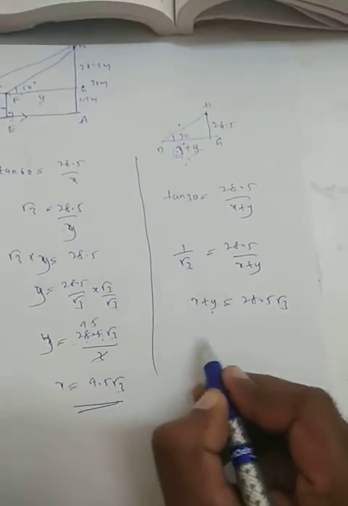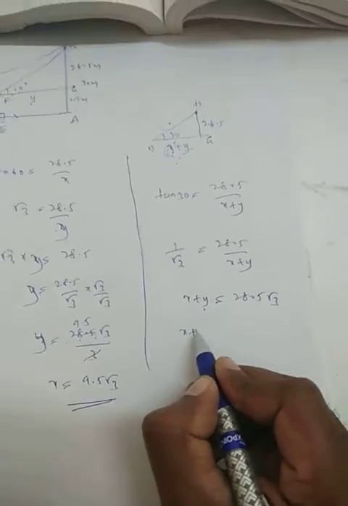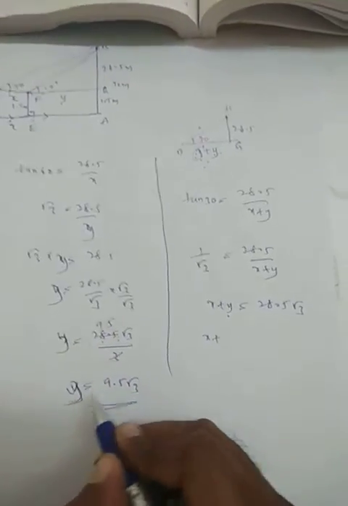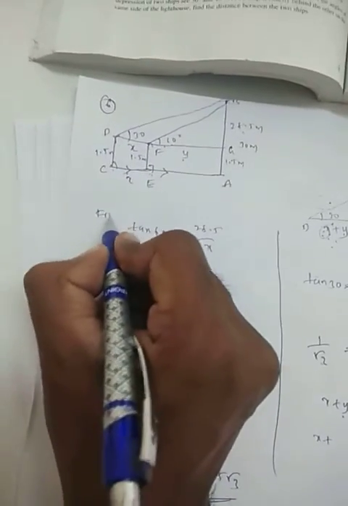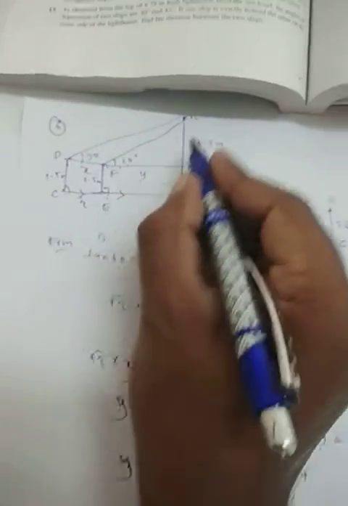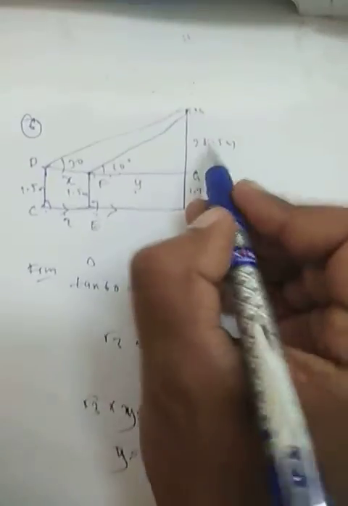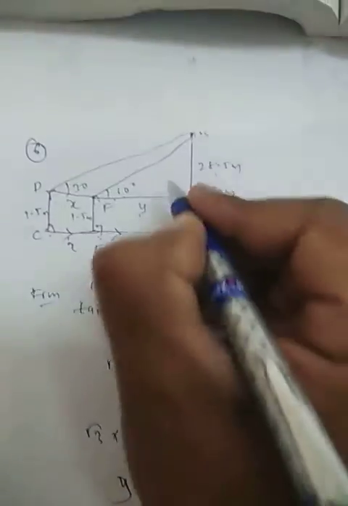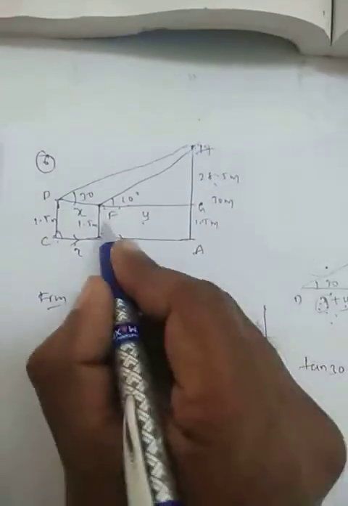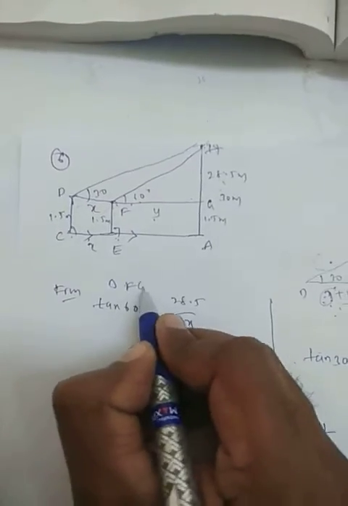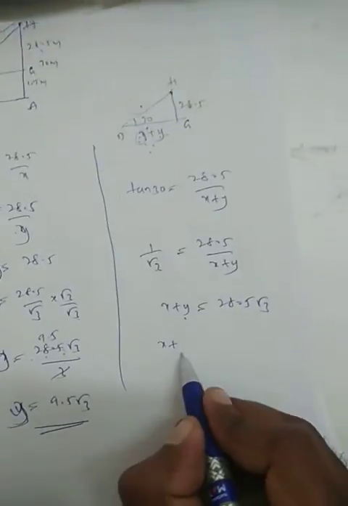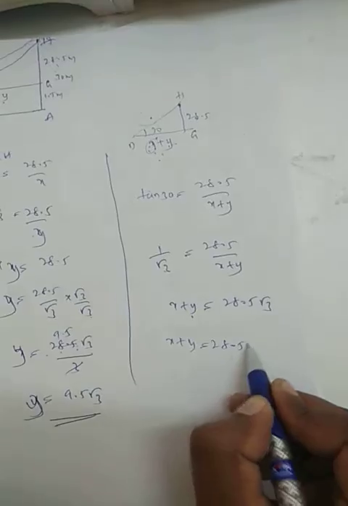Now what is the value of y here? This by this we have taken. So this is from which triangle? I have taken this as H, no? So from triangle FGH, x plus y is equal to 28.5 root 3.